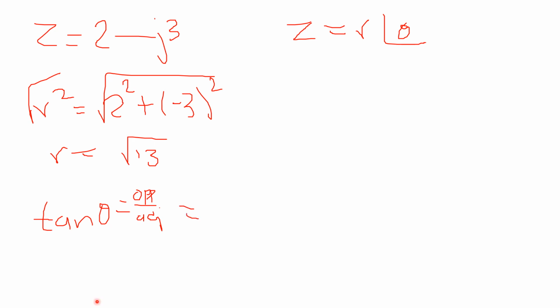So remember, on our arc diagram, we actually say the imaginary part is on the y-axis and the real part is on the x-axis. So every time on our y-axis we will have the opposite side, and then on the x-axis we will have what? The adjacent side.